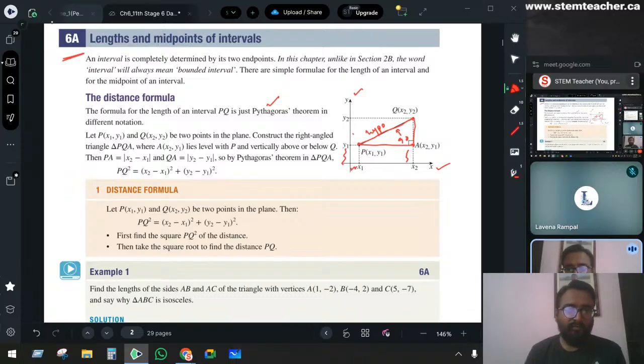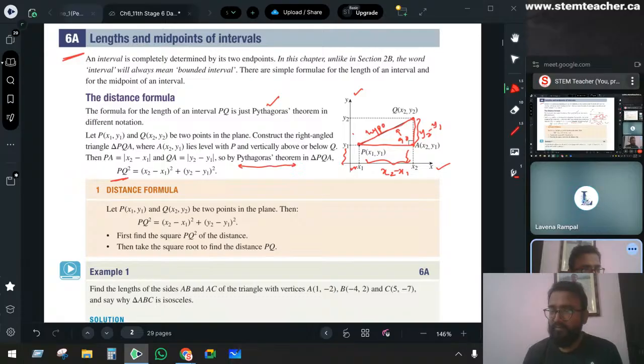PQ square is equal to what? This distance is x2 minus x1. This distance is y2 minus y1. Therefore, PQ square is equal to (x2 minus x1) squared plus (y2 minus y1) squared. It is properly a Pythagoras theorem. Is it clear?